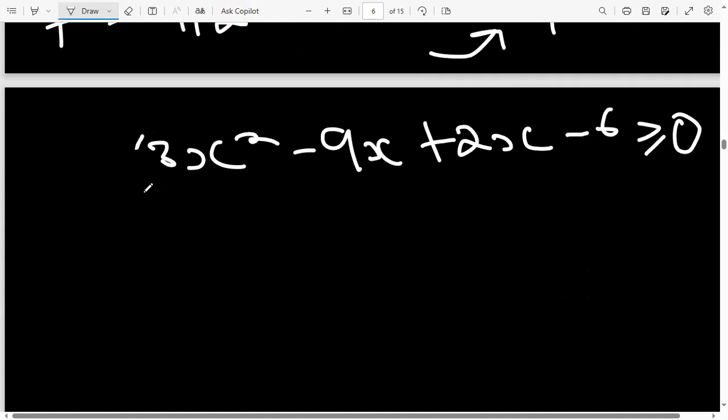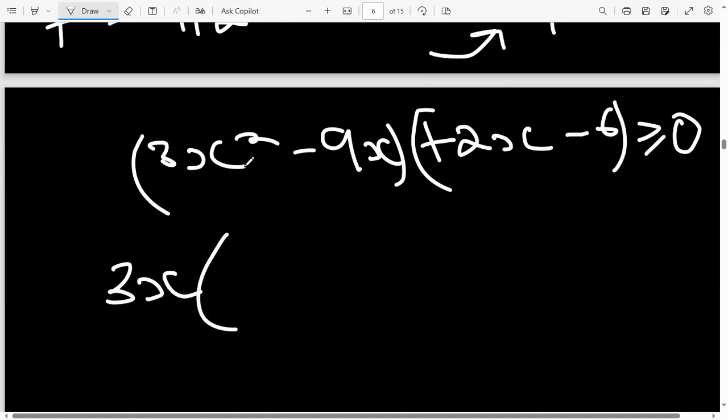From here, we can group them. We group this with that one, and this with that one. What is common here? We see 3x is common, so 3x outside, and we remain with x minus 3.